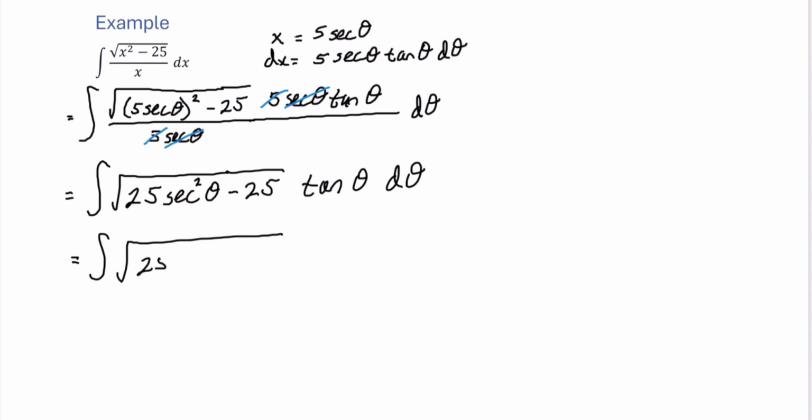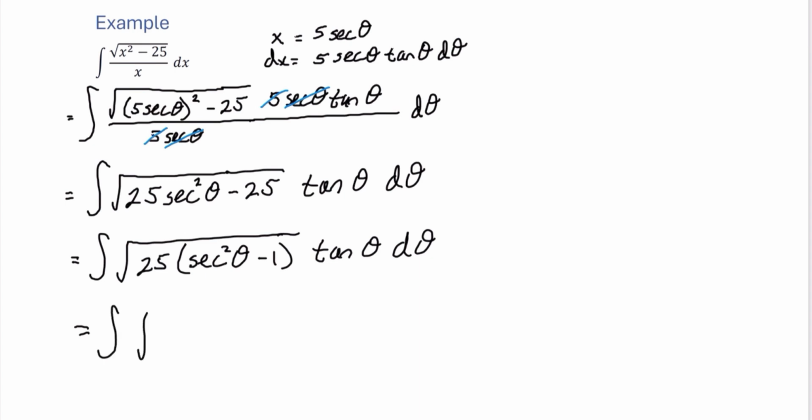We'll factor out a 25, leaving us with secant squared theta minus 1. Copy tan theta d theta. Now we have the square root of 25, and we'll use a trig identity to replace secant squared theta minus 1. Recall that that is really just tangent squared theta. We'll copy tan theta d theta.